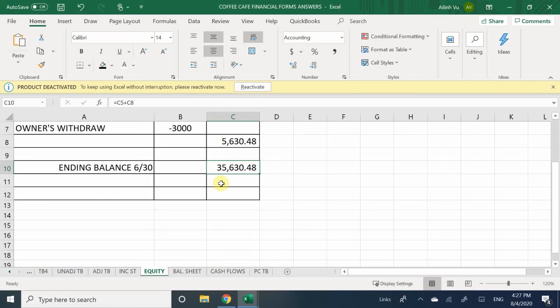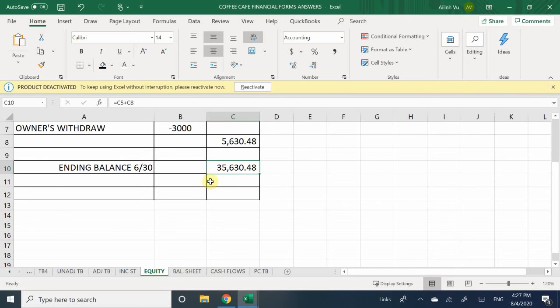If it doesn't, then either we forgot to close out a specific account, or we did a wrong calculation and it didn't match.